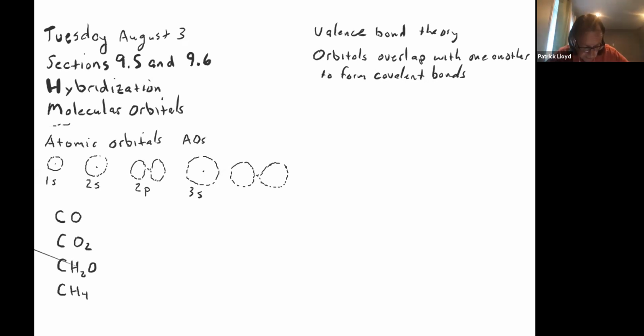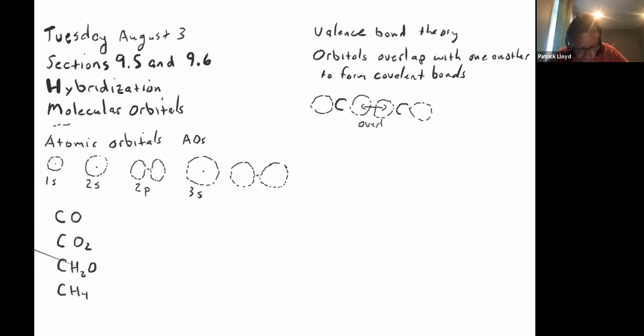For example, if we have a carbon with a 2p orbital and another carbon with a 2p orbital, and those orbitals overlap with one another, then we have a covalent bond.